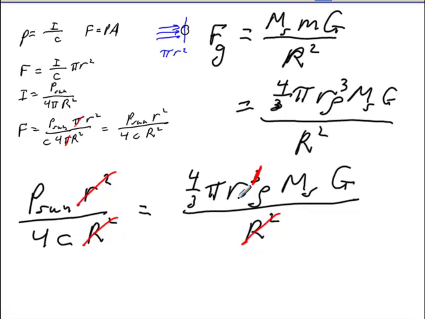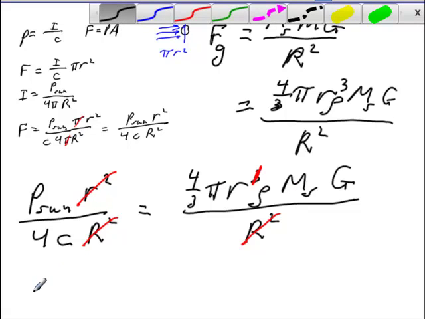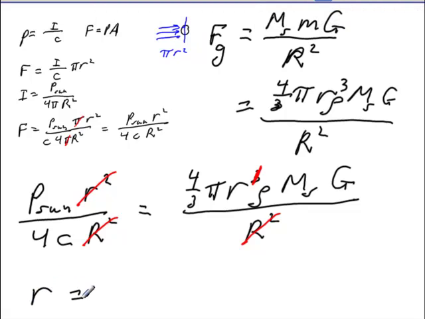Then I can easily solve for the radius at which these 2 forces are the same. That radius is going to equal the power of the sun times 3 from this 3 here divided by, I've got this 4 and this 4.